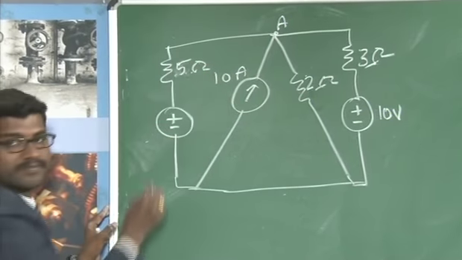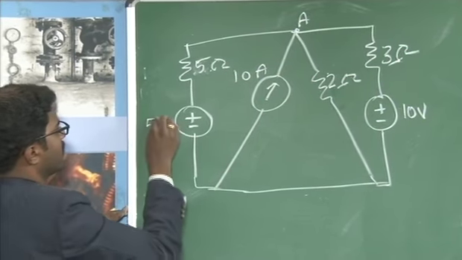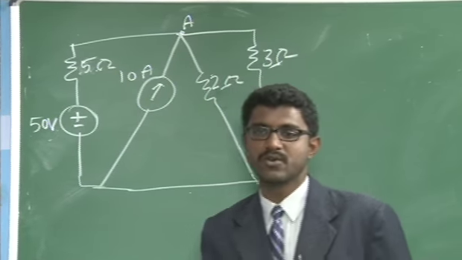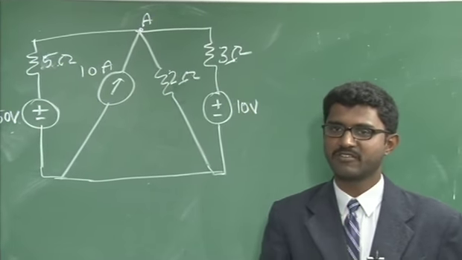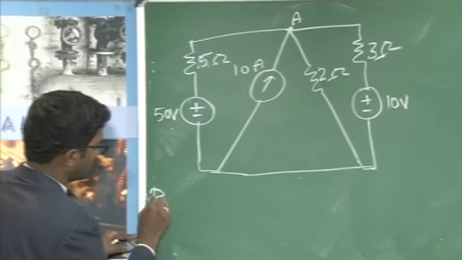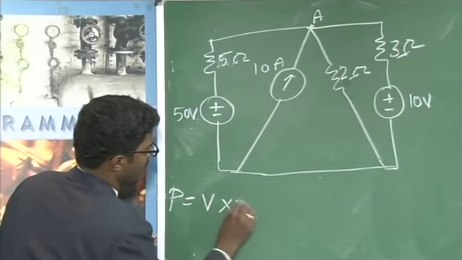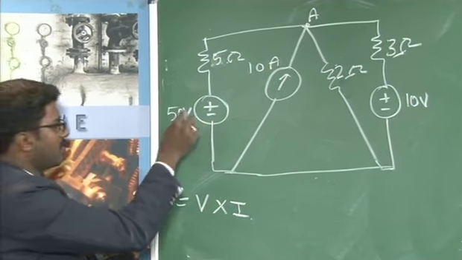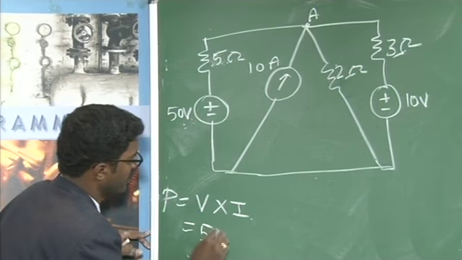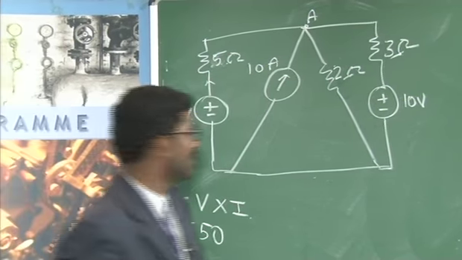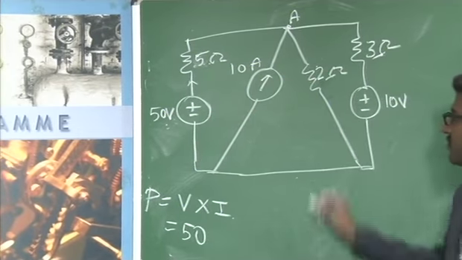This is 5 ohm and this is 50 volt. So the question is, using source transformation, you need to find the power delivered by the 50 volt voltage source. What is power? Power is given by P is equal to V into I. I know the value of the voltage here, that is 50. The unknown term is the current flowing from this voltage source. So I need to first simplify the circuit.